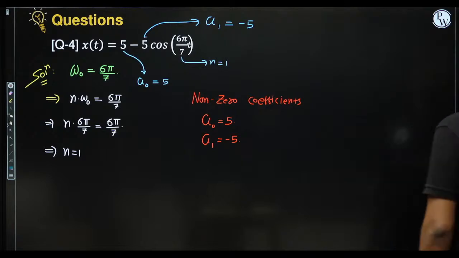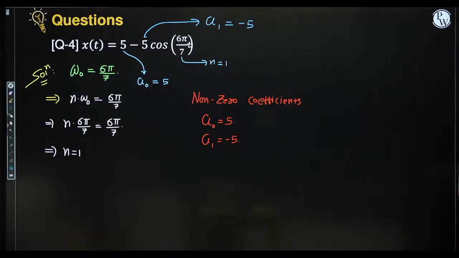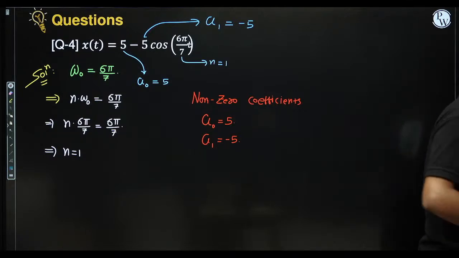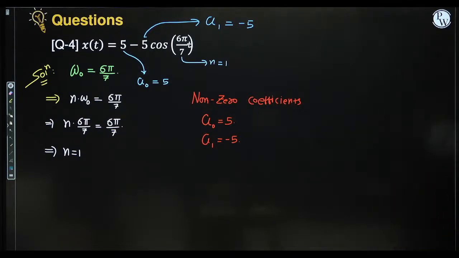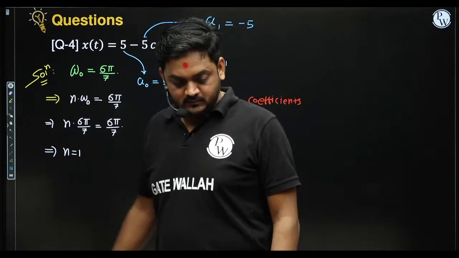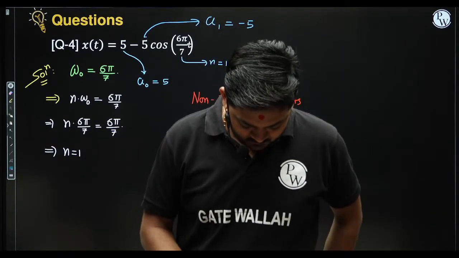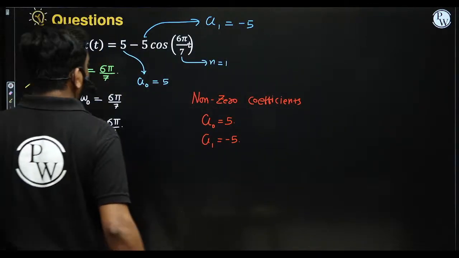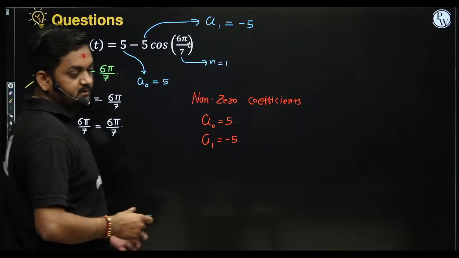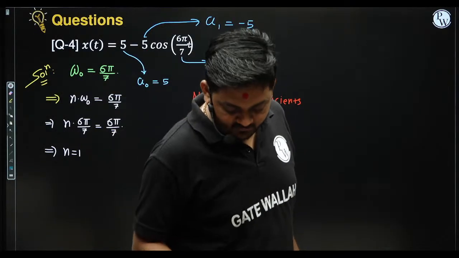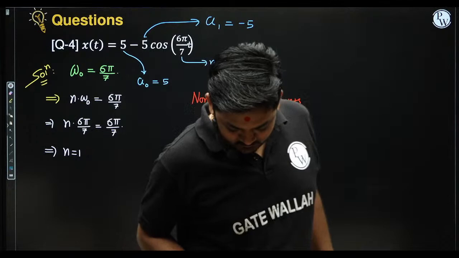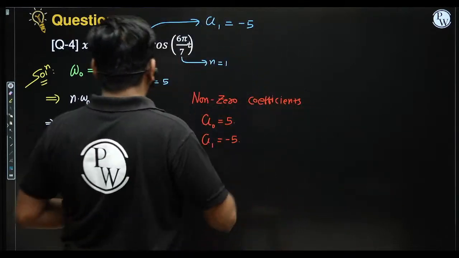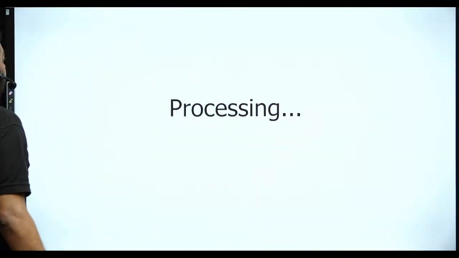Got it? Fine. So these are the non-zero coefficients. Is this clear to each and everyone? Okay, very good.